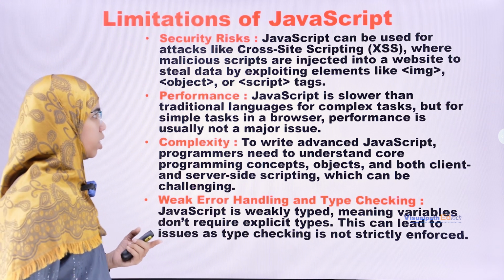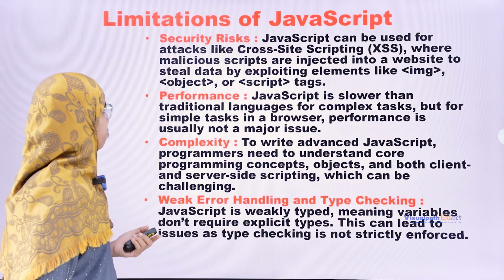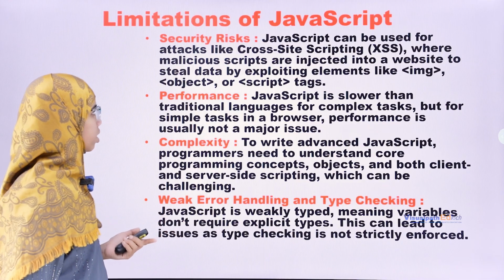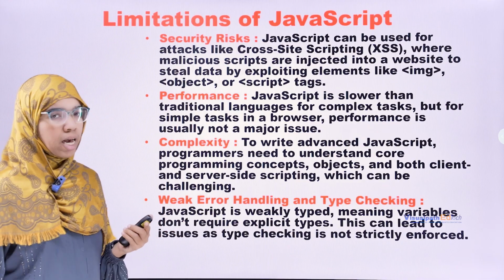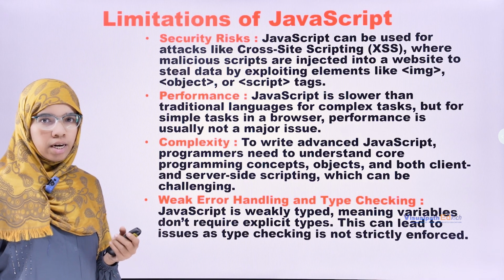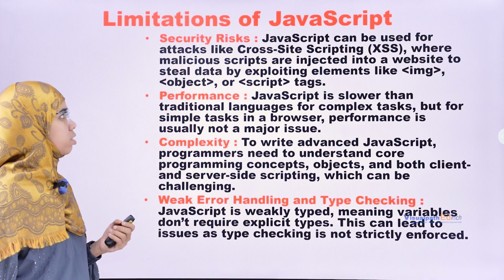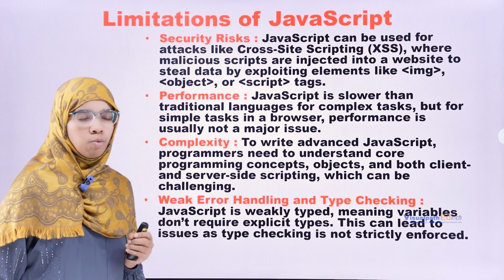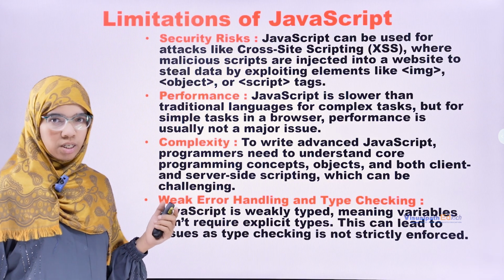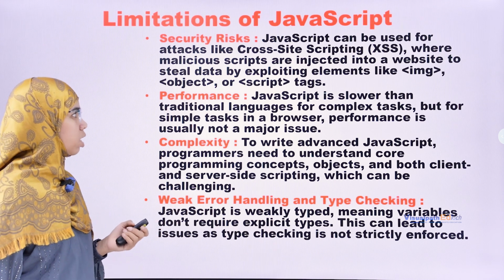This is the major attack, where malicious scripts are injected into the website to steal data by exploiting elements like the img tag, object tag, and script tag. These are the tags that will be maliciously attacked by attackers to steal data from websites. So this is a very insecure limitation, I can say, with respect to security when using JavaScript.